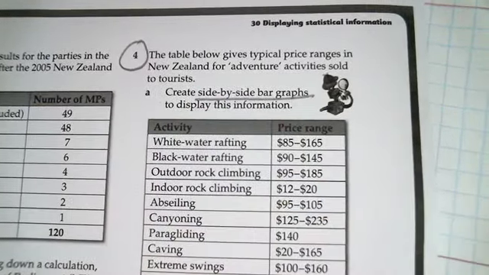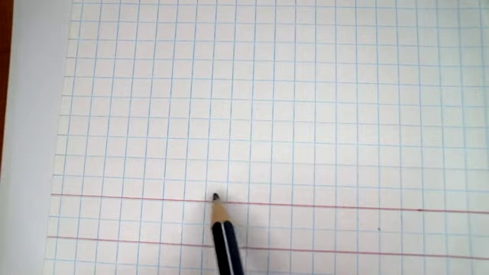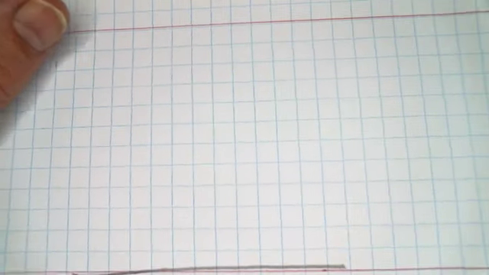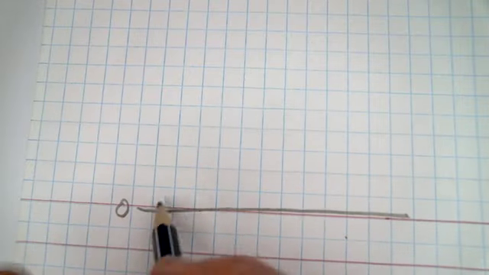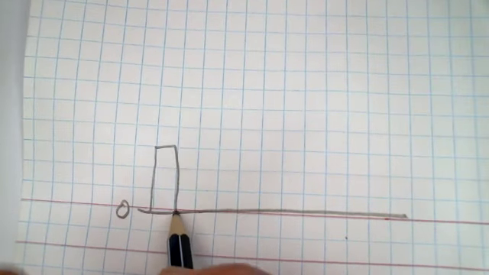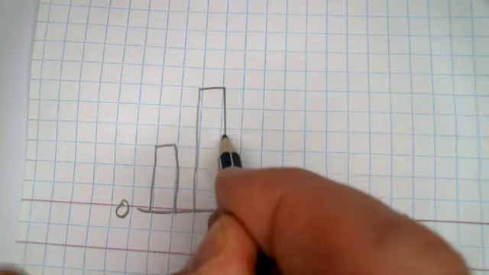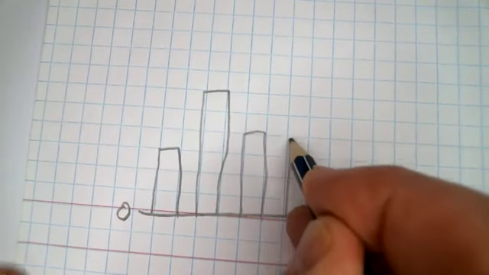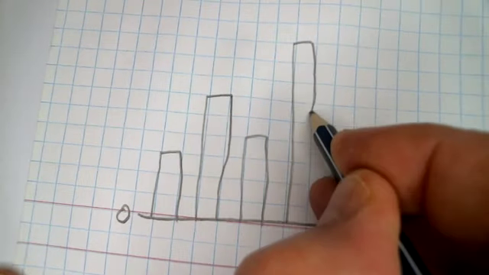Now, a usual bar graph looks something like this, and I'll just draw it up using squared paper. So most people are used to a bar graph where they've got a baseline of some sort, and that might be something like this might be 0, for example, and they might have a number of things coming off there. So these might be, let's say, the cost of items, or a range of masses, for example.